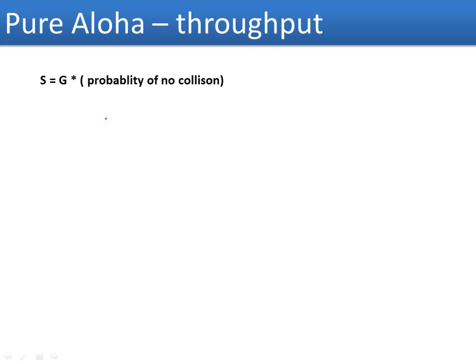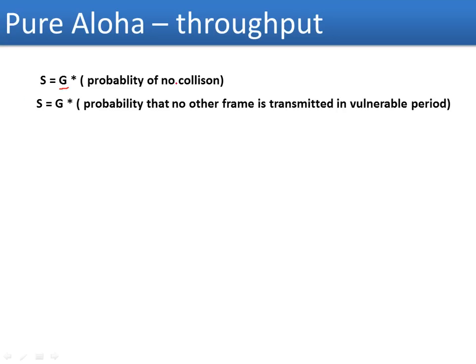Throughput can be considered like this: if this is the current load, let's say 100 frames are transmitted in a particular time period, and this is multiplied with the probability of no collision during that transmission, it will give us the throughput. The probability of no collision, we can write the same statement again, as the probability that no other frame is transmitted in the vulnerable period.